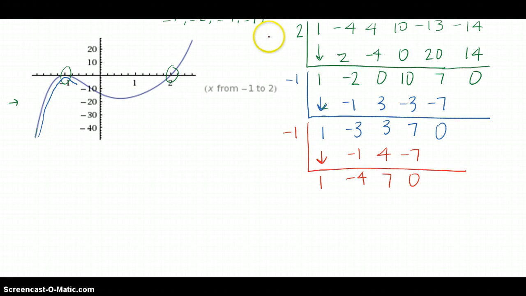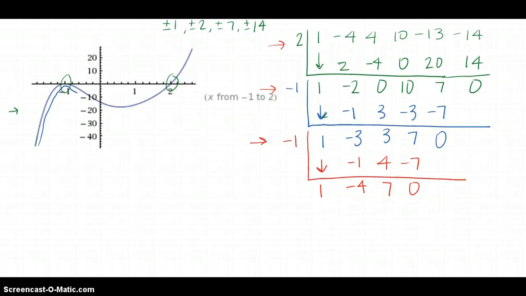We know we have 3 zeros right here. And now we're going to look for our imaginary zeros. So to do that, we're going to take the factor that we have left over. We're going to use these coefficients right here to write our factor left over. And we divided 1, 2, 3 times, so that means we go down 3 degrees.